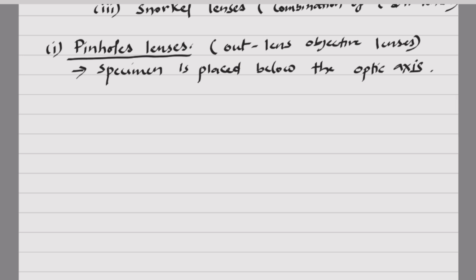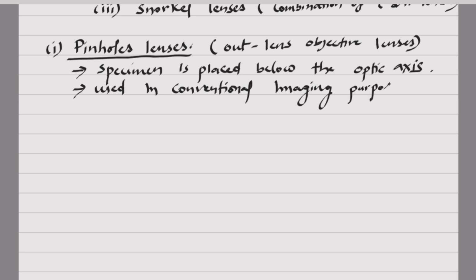Generally this type of pinhole lens is used for conventional imaging purposes. As it is placed below the optics, there is flexibility of keeping the specimen as large as possible. There is no restriction on specimen sizes.